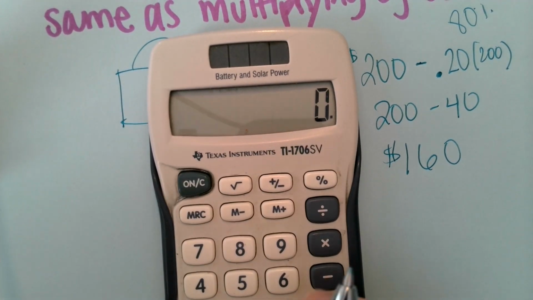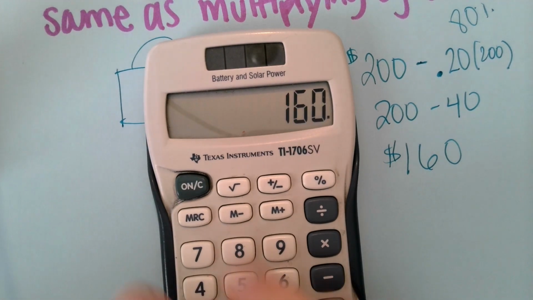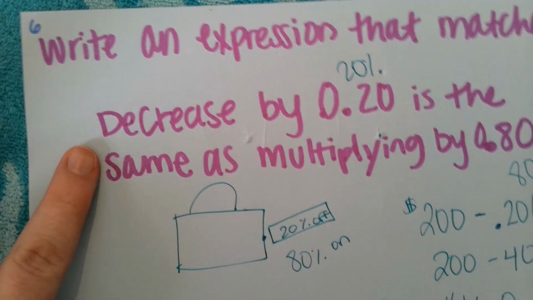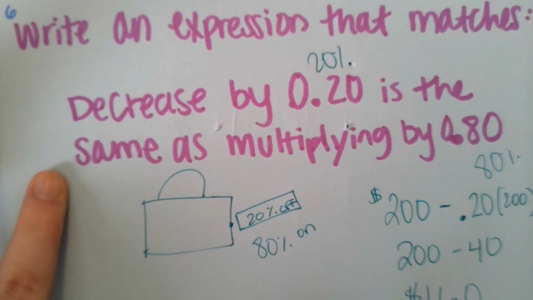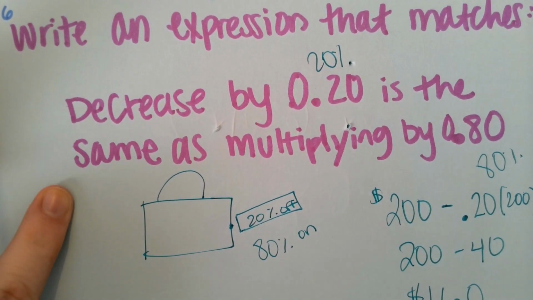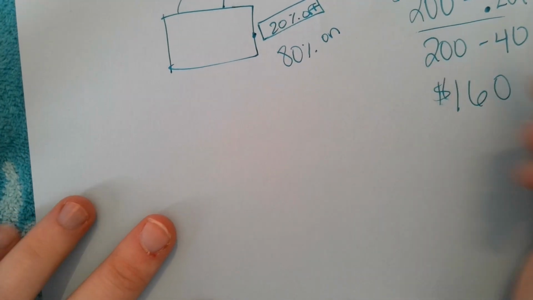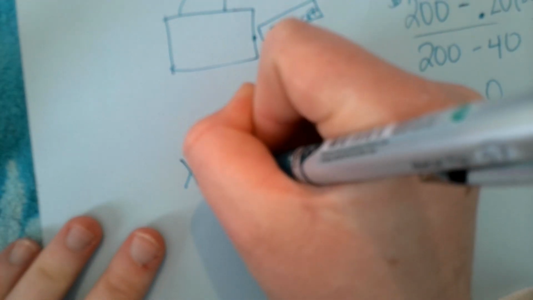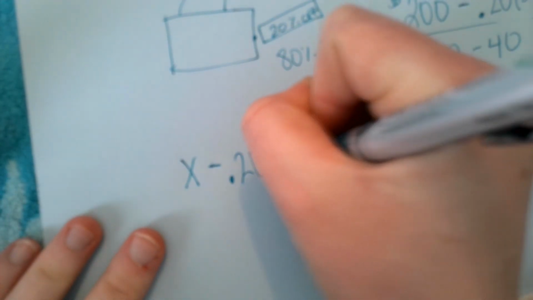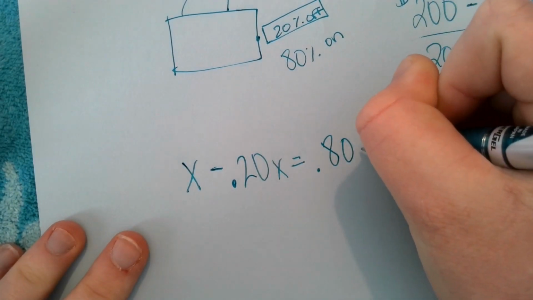Could I have just done 80 hundredths times 200? Yeah. So write an expression that matches. A decrease by 20% or 0.20 is the same as multiplying that value by 80 hundredths. So, like we did here, we can think about taking the price of something, taking away that 20% off, and getting it for 80% on.